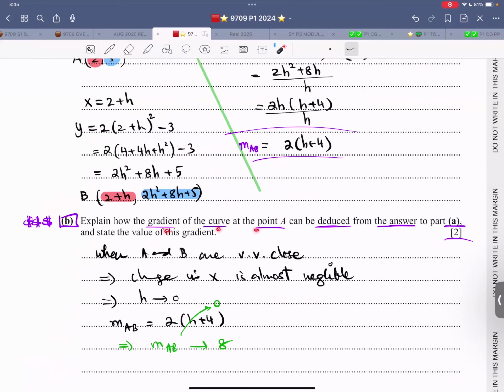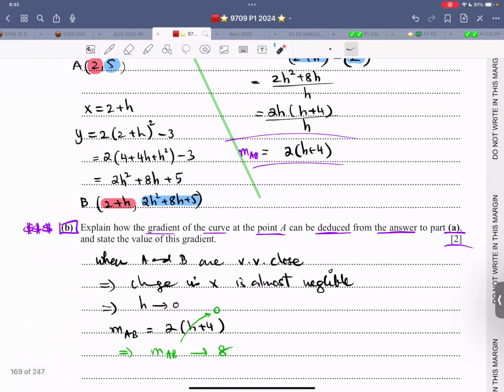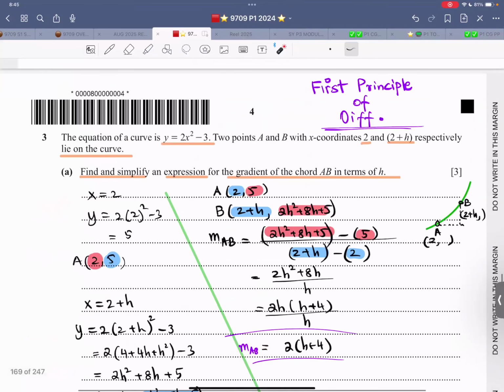Explain how the gradient of the curve at the point A can be deduced from the answer to part A and state the value of the gradient. When A and B are very, very close, change in x is almost negligible. That means h goes towards 0. The difference between 2 and 2 plus h, that's a very million dollar question.